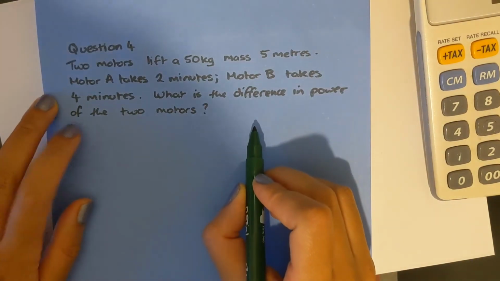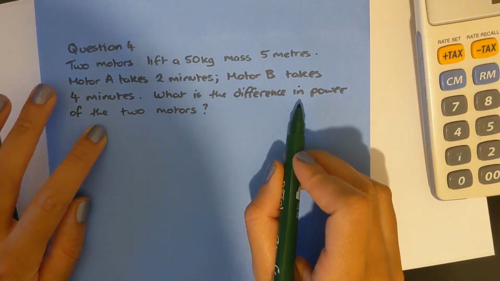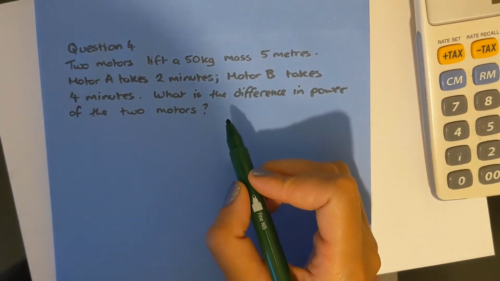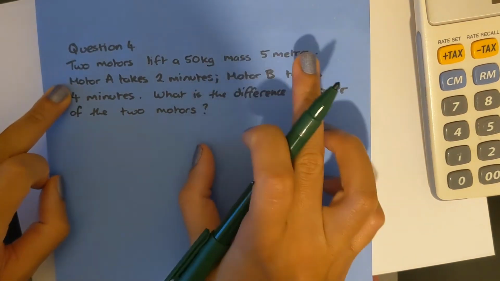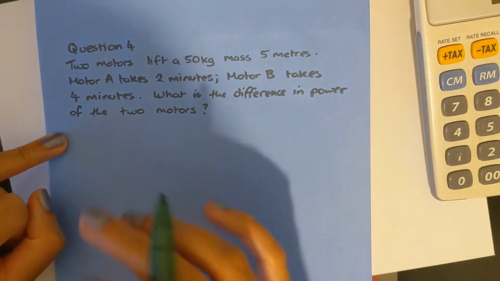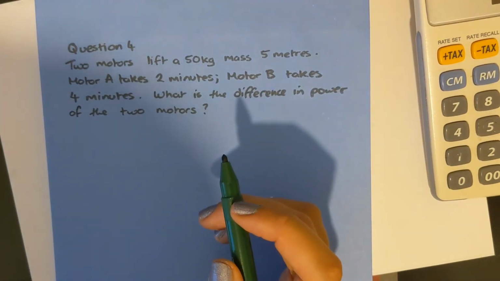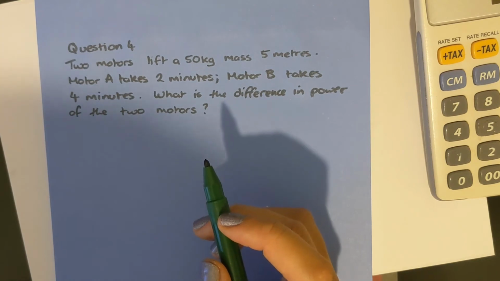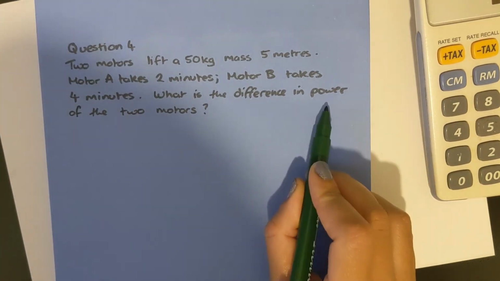Okay, so the first thing is the only quantities you've been given are mass, a height, and some time. But power is energy transferred divided by time. So we don't have enough to use that power equation yet.